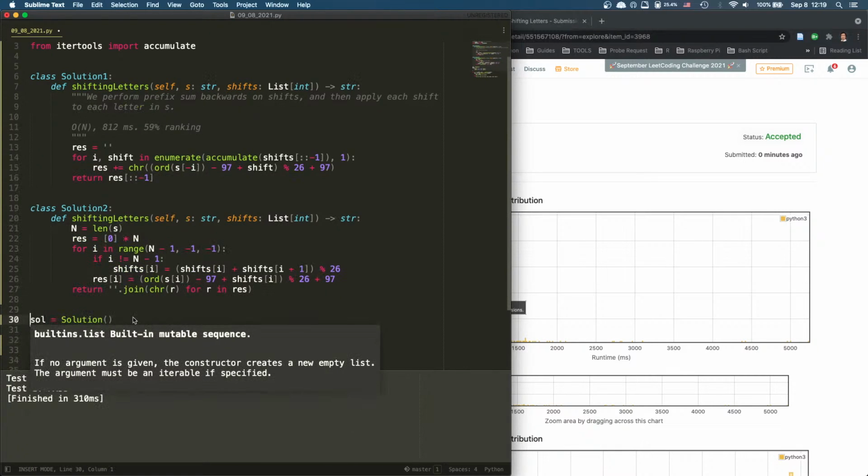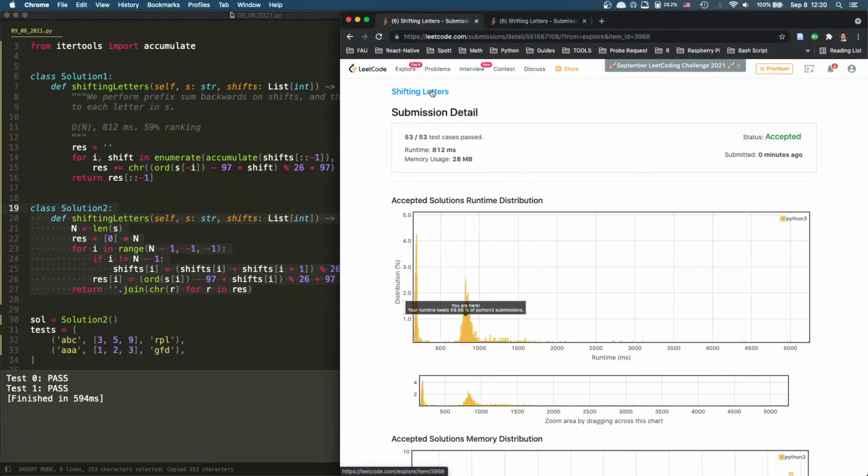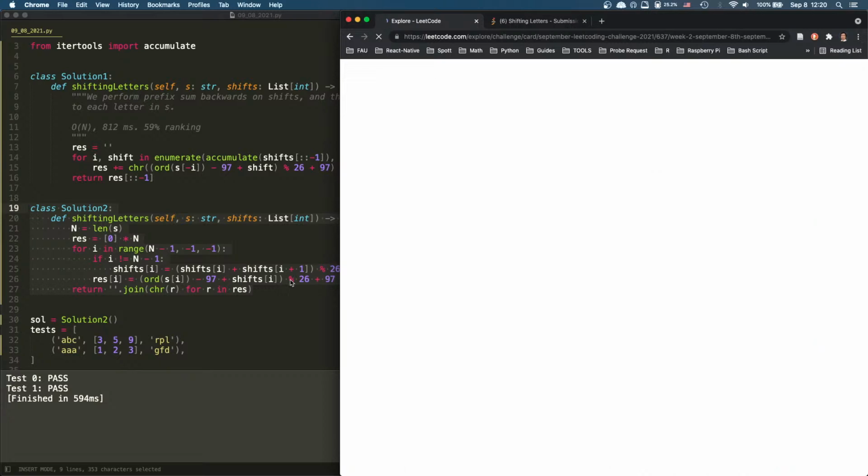All right, let's give it a shot. Yep, the laptop is super slow. I'm not sure why. I think it's faster. The only difference is we are modding along the way, and we are not doing any reversing.